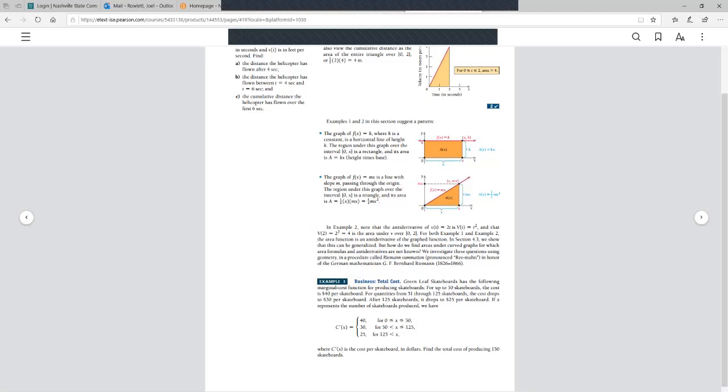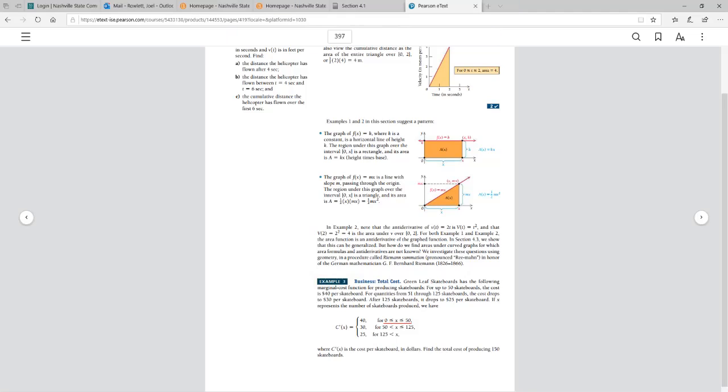So what does this mean? It means that for the first 50 skateboards, you would pay $40 per skateboard. You tell me how many skateboards you want, and I'll multiply by 40. If you are ordering more than 50 but less than 125, I'm going to charge you 30. That would be the marginal cost.